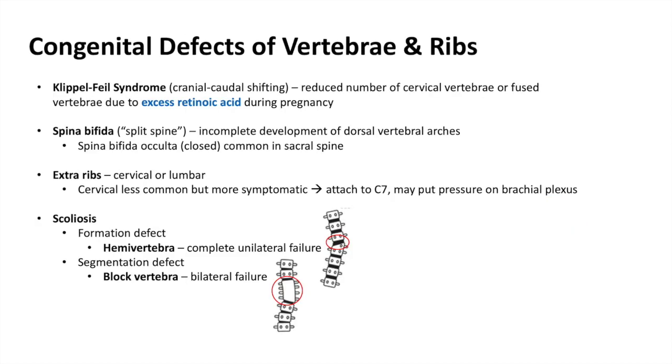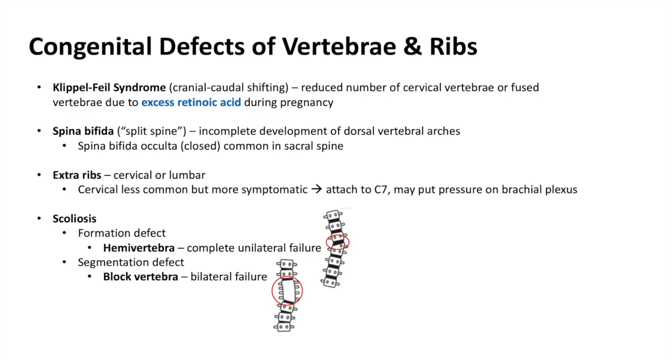Okay, here are some congenital defects of the vertebra and ribs, and you're going to cover this more next year when you're in MSK. There's Klippel-Feil syndrome, which is cranial caudal shifting. So there's going to be cervical vertebrae that are fused, and that's usually due to excessive retinoic acid during pregnancy. Spina bifida is going to be incomplete development of the dorsal vertebral arches.